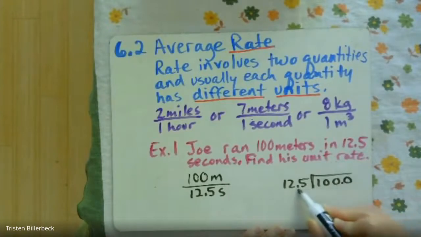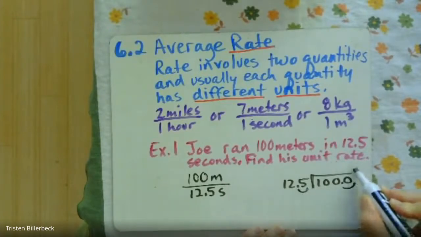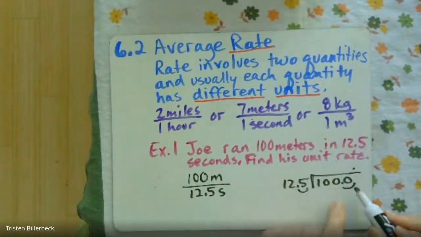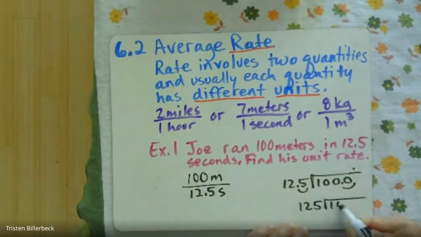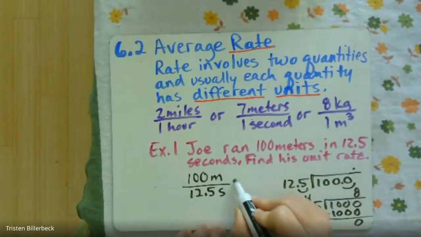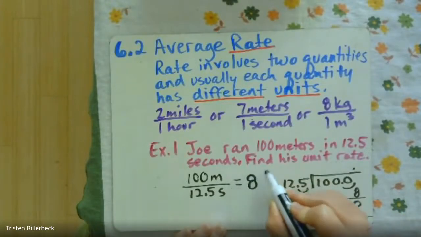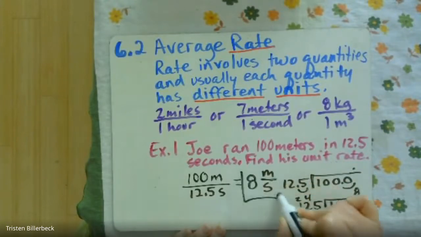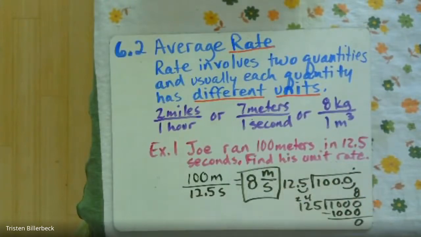We have to move the decimals over, so how many 125s are in 1,000? There happen to be 8. So this equals 8 meters per second. That's how fast Joe was running.